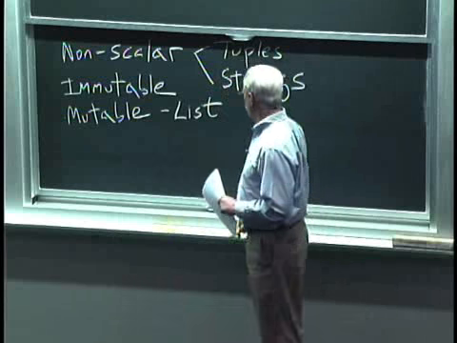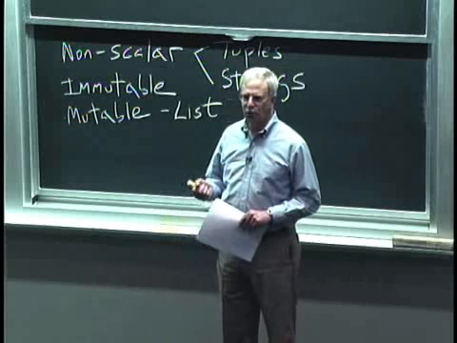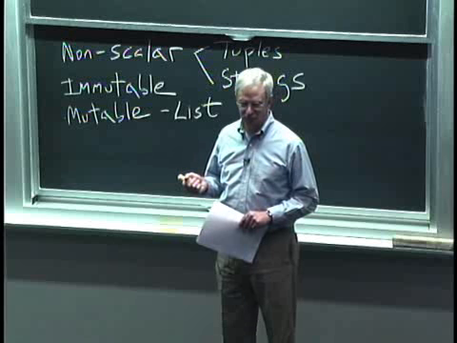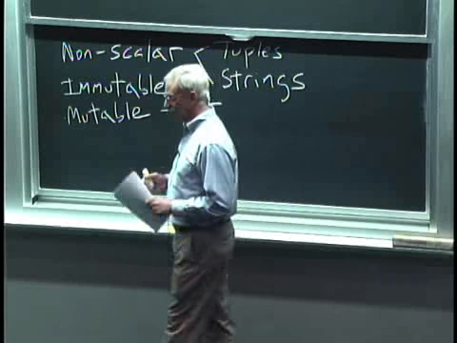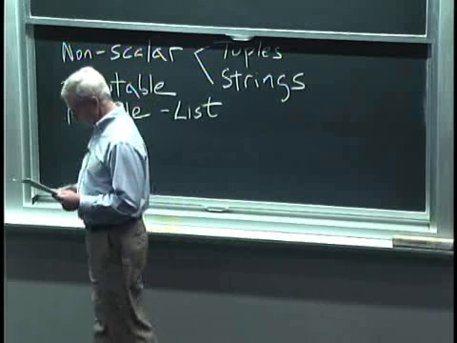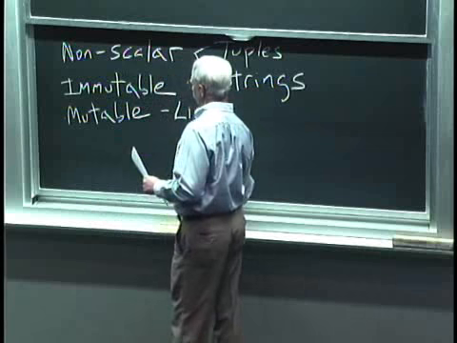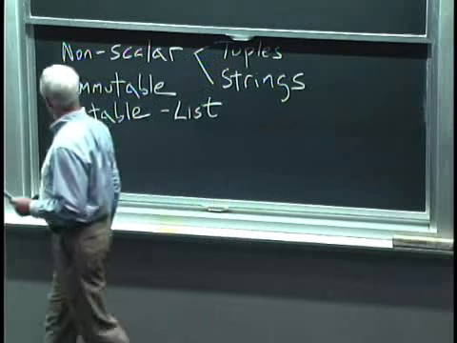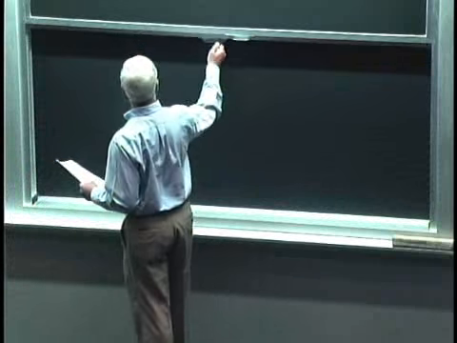One way is that they're mutable. The other way is that the values need not be characters. They can be numbers. They can be characters. They can be strings. They can even be other lists. So let's look at some examples here. What we'll do is we'll work on two boards at once.